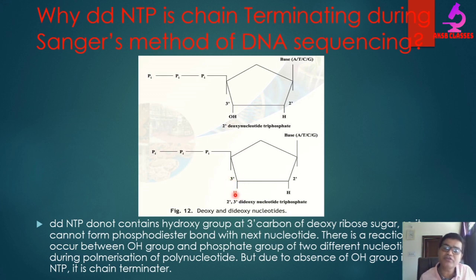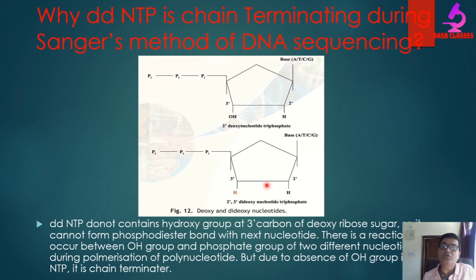and if there is no hydroxy group, it cannot form a phosphodiester bond with the next nucleotide. Only a hydroxy group and a phosphate group can make a phosphodiester bond, that is the bond between two nucleotides.